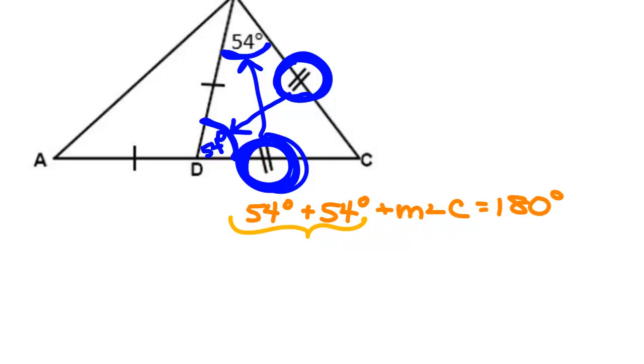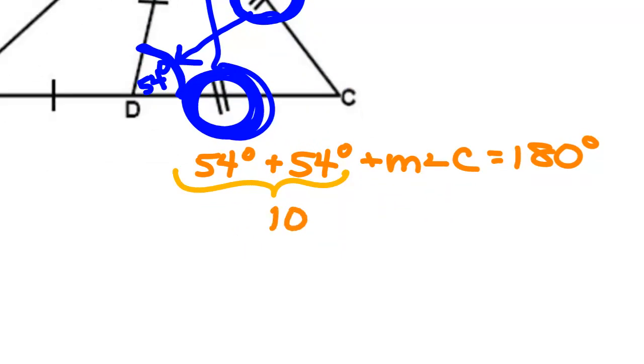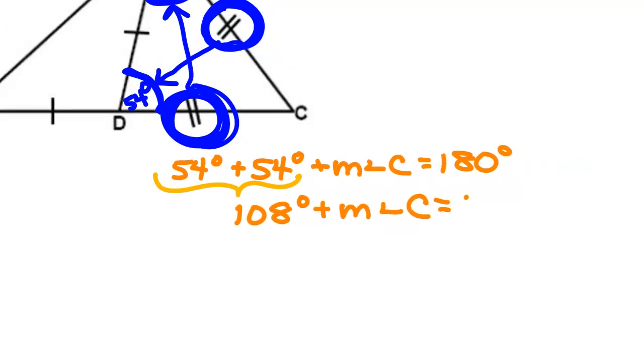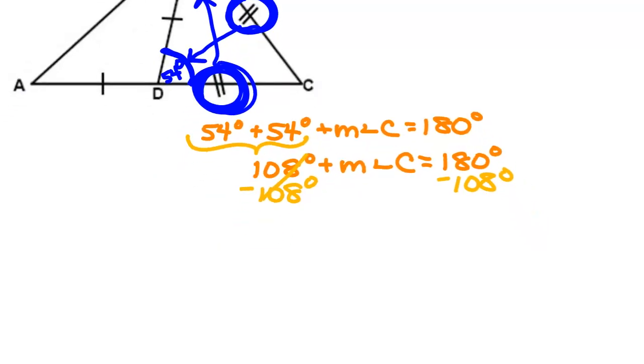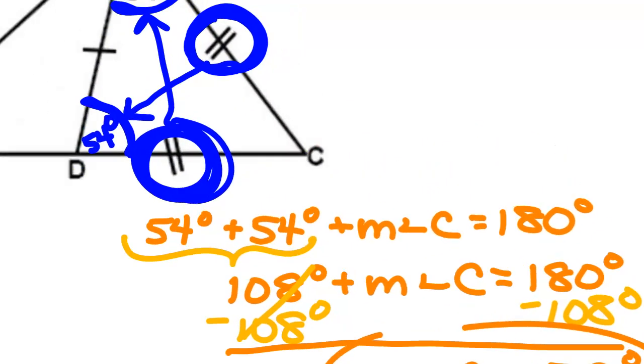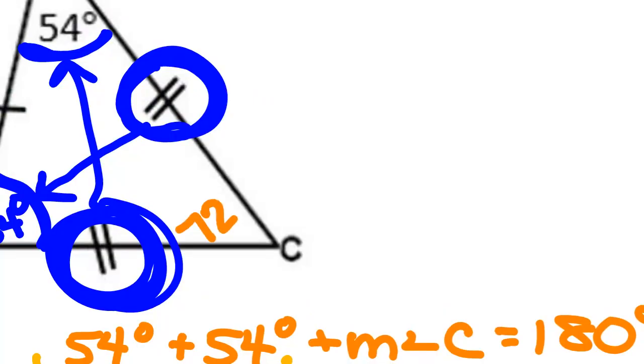When I combine my like terms here, 54 and 54 is 108, plus the measure of angle C equals 180. Then I subtract 108 from both sides. What is 180 minus 108? 72. So the measure of angle C is 72 degrees. I'm going to add that to my picture.